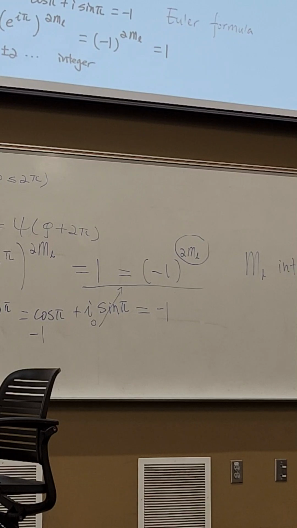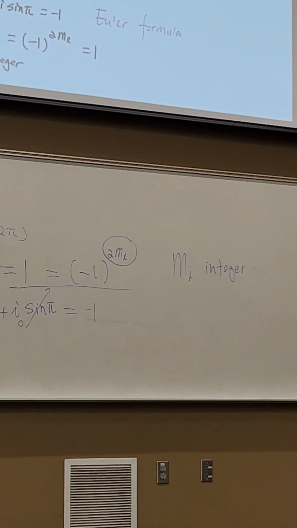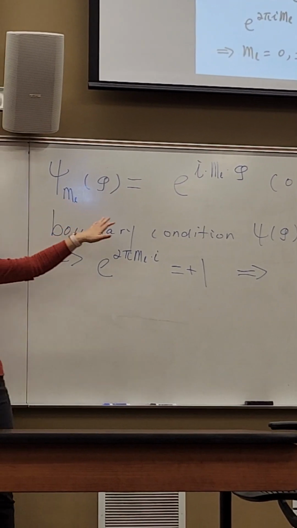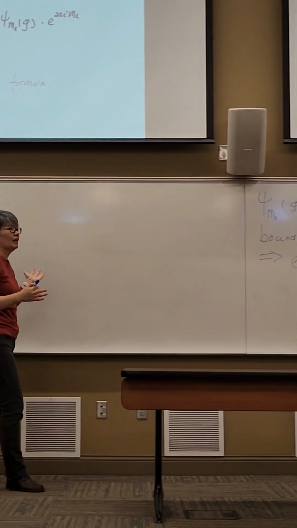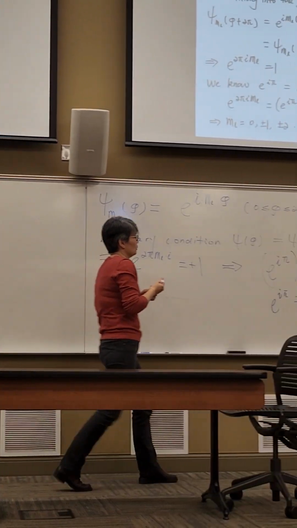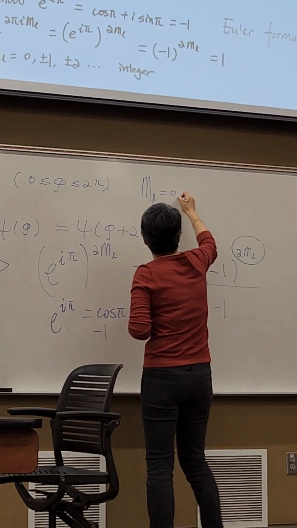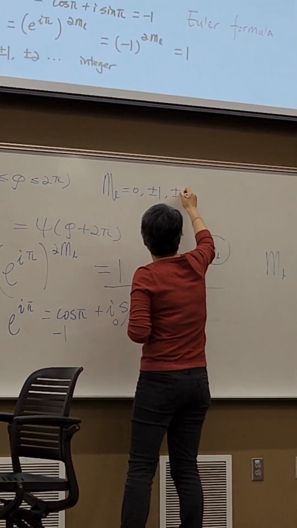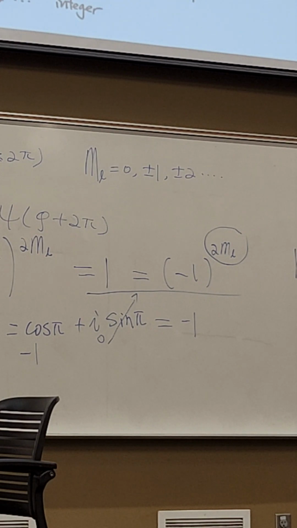That's how we can derive that m sub l in this wave function expression equals integers. Integers can be any integers from negative value to positive value. Okay, does that make sense?